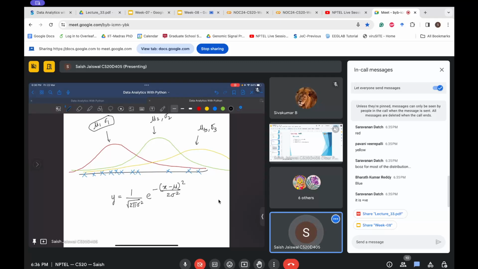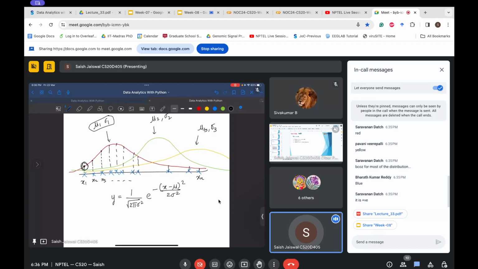So these points over here are the probability densities of these data points. Let's say this is x1, x2, x3 and so on up to xn.